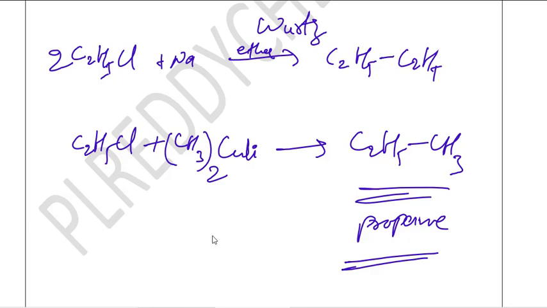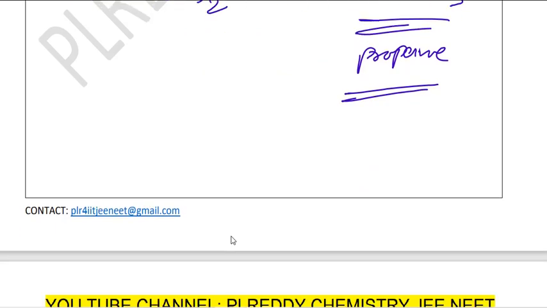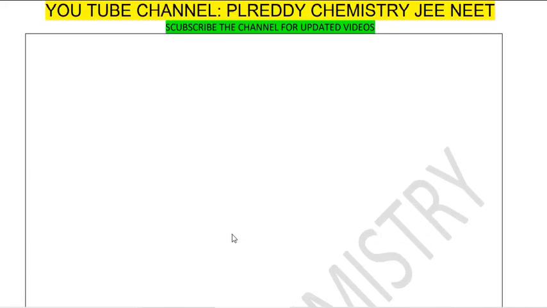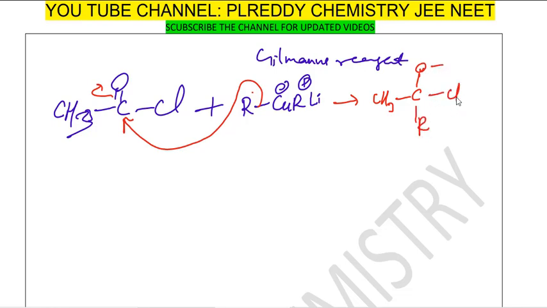Now we are talking about ketones. So same like Grignard reagent here also. In this Gilman reagent, R is acting as nucleophile and it is forming CH3CO minus, R group, chlorine is there.